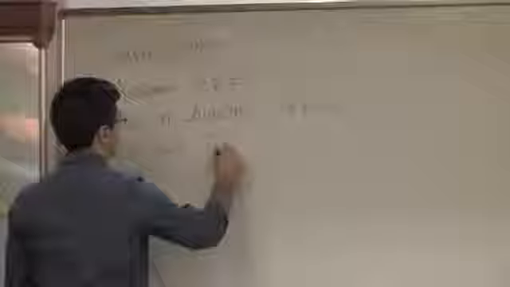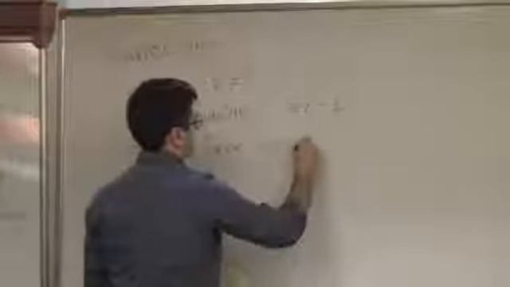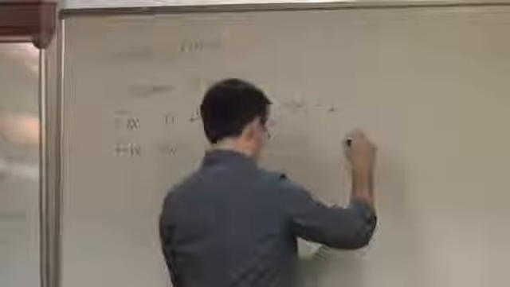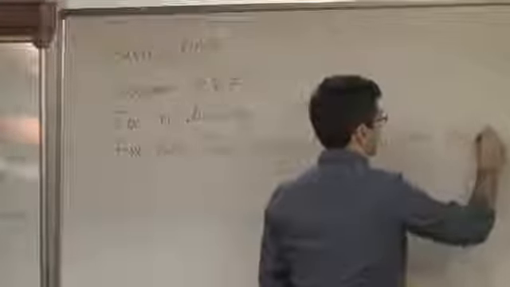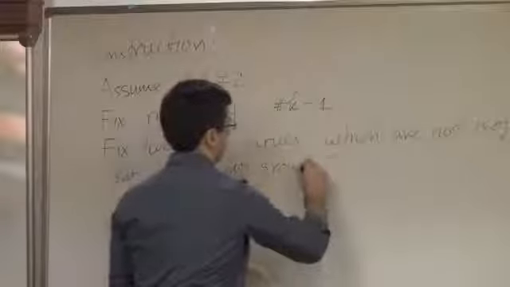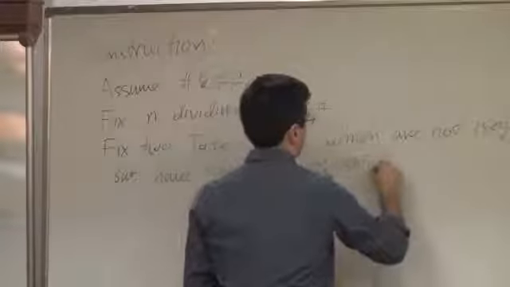Okay, and fix two Tate curves which are not isogenous over K bar, but have component groups isomorphic to Z mod nZ.